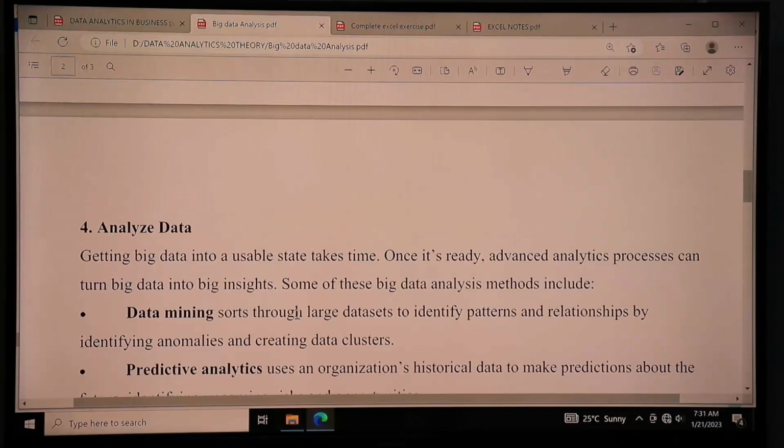That is now using analytical tools. Some of the big data analytical tools involve data mining, a process of gathering the facts from a large volume of data into a data warehouse, whereby information is stored in a refined manner.